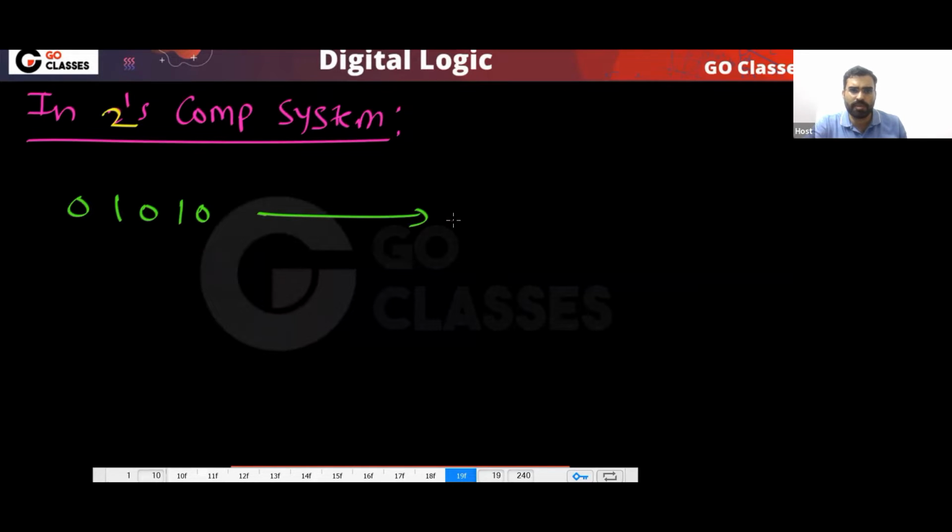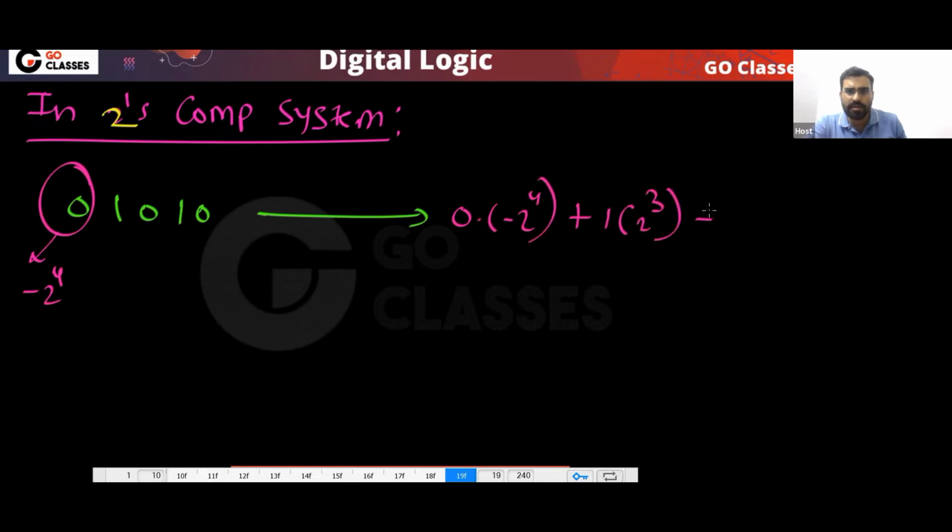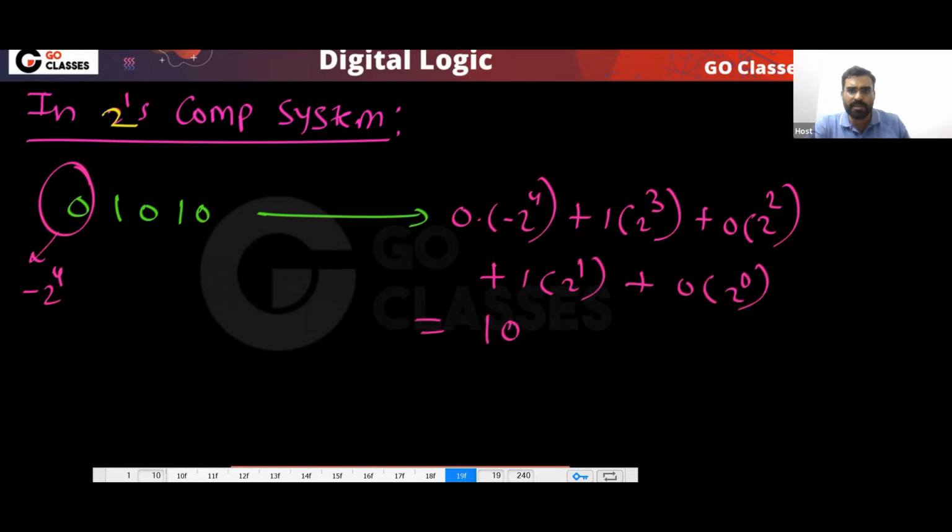This has weight minus 2 power 4, but this bit is actually 0. So it will be 0 multiplied by minus 2 power 4 plus 1 multiplied by 2 power 3 plus 0 multiplied by 2 power 2 plus 1 multiplied by 2 power 1 plus 0 multiplied by 2 power 0. So ultimately this will be plus 10.